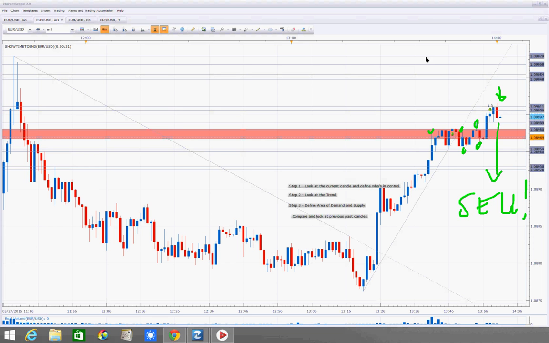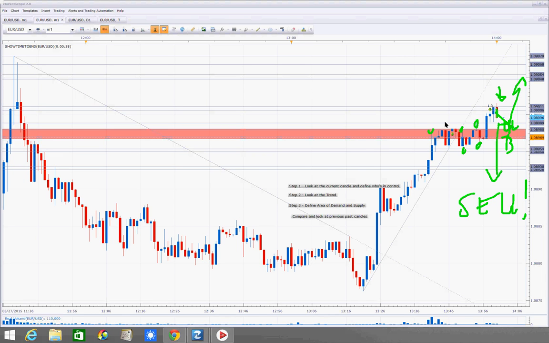That's the most common thing. In actual fact, that selling pressure over here is just a correction. So the answer is to wait for a higher low to buy.